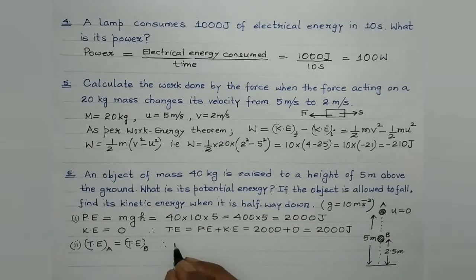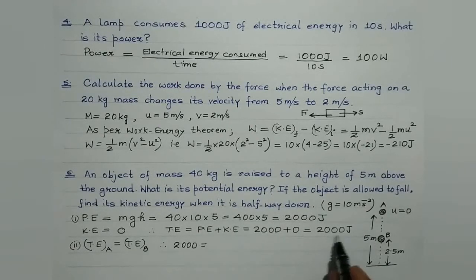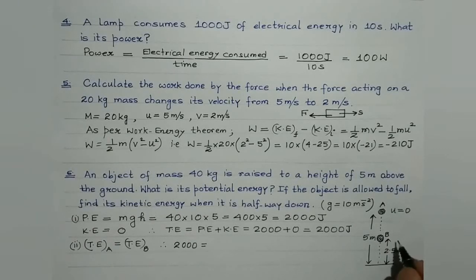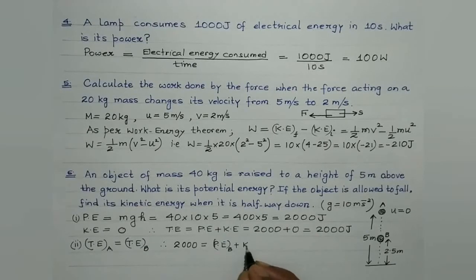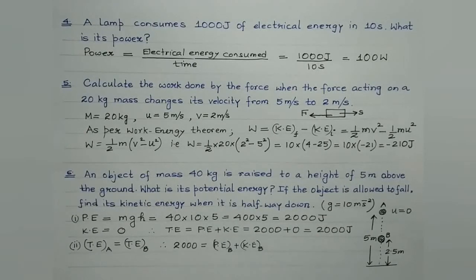Therefore, total energy at point A is equal to 2000. This we have already calculated. At point B, the body possesses potential energy by virtue of its height, and it will also possess kinetic energy by virtue of its motion, isn't it? So it will be potential energy at point B plus kinetic energy at point B. So therefore, 2000 is equal to the potential energy at point B, which is mgh.